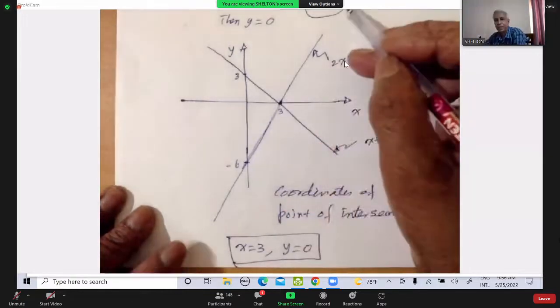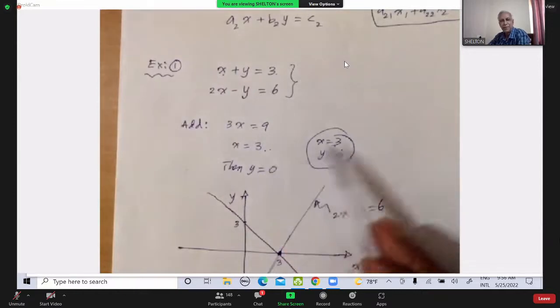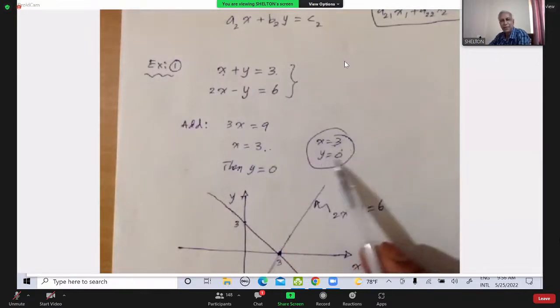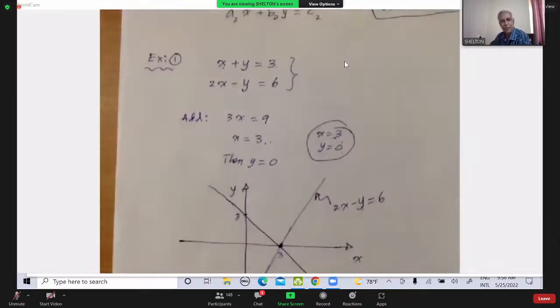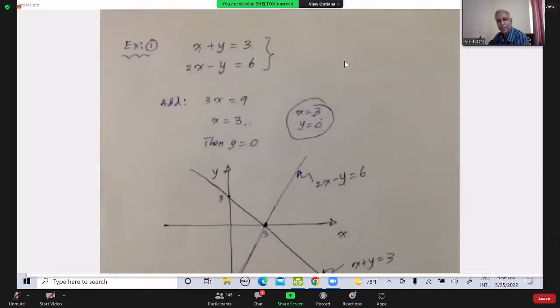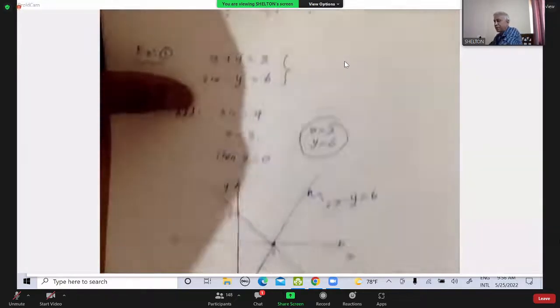Look at the solutions. Remember, what did we get? x equals 3, y equals 0. So solving two simultaneous equations in two variables is the same as finding the point common to both, the coordinates satisfying both equations.